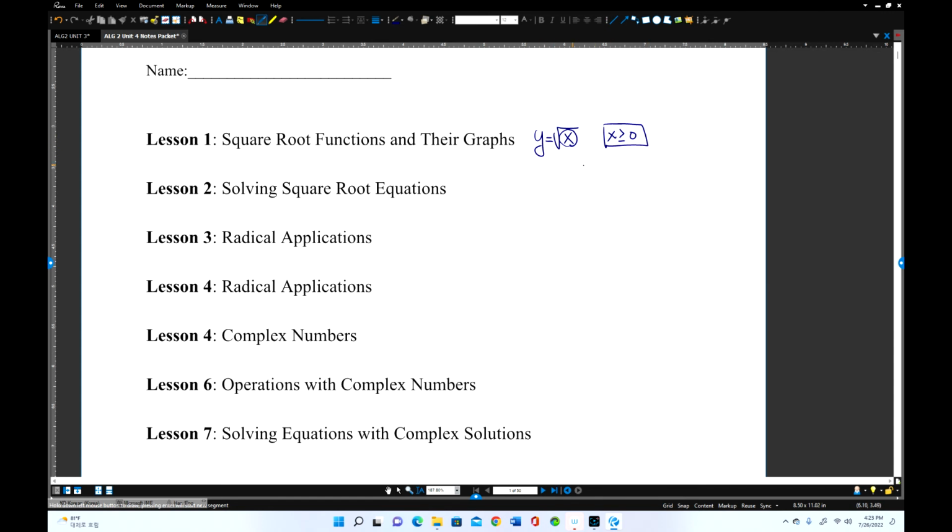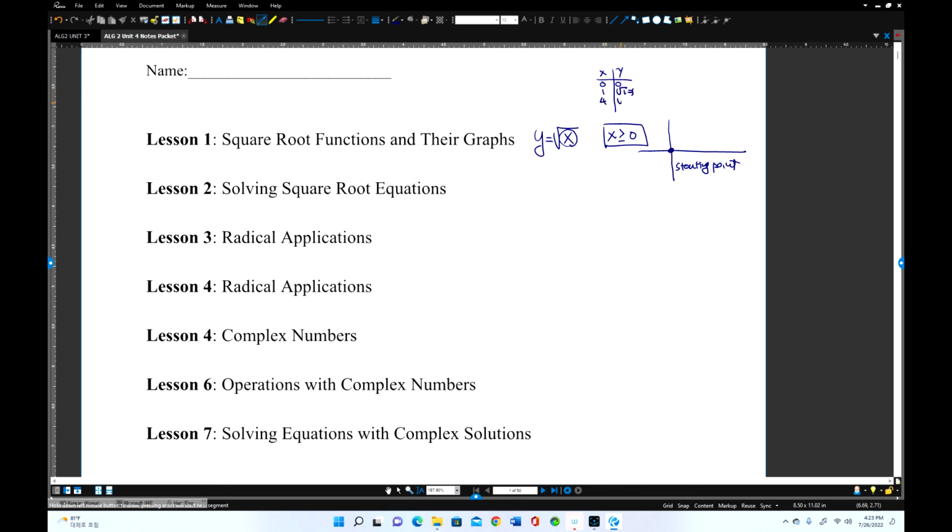When x equals 0, y equals 0. The graph starts from this point. That's how we set the starting point. You can prove here. X equals 0, y equals 0. X equals 1, y equals 1, right?